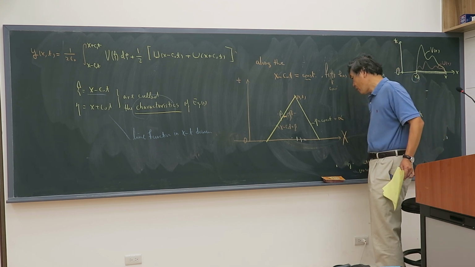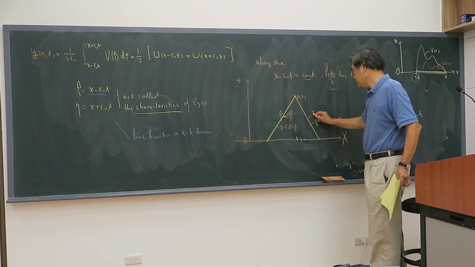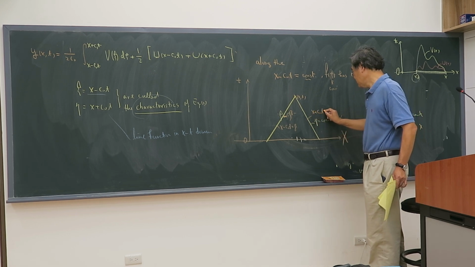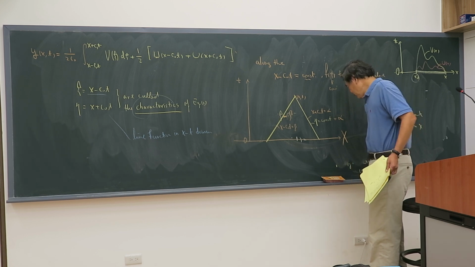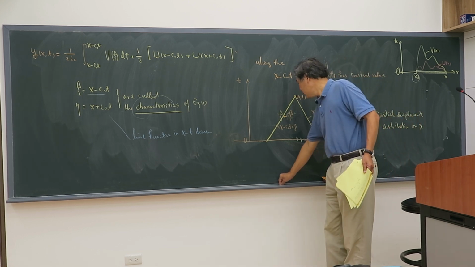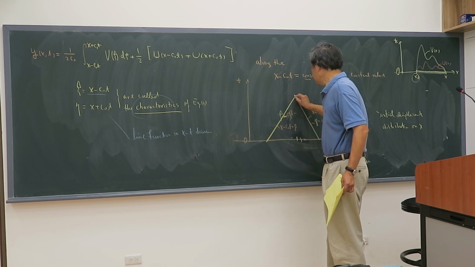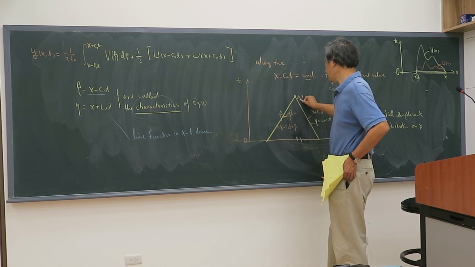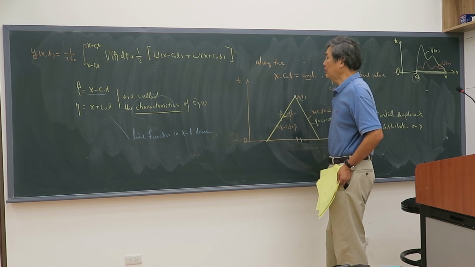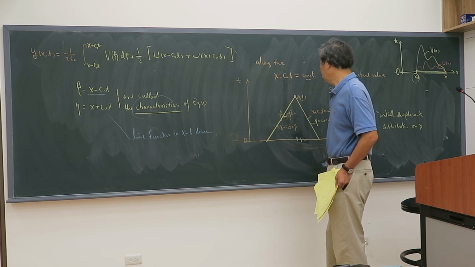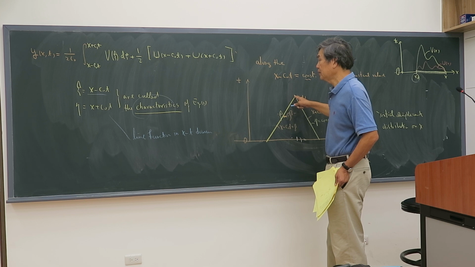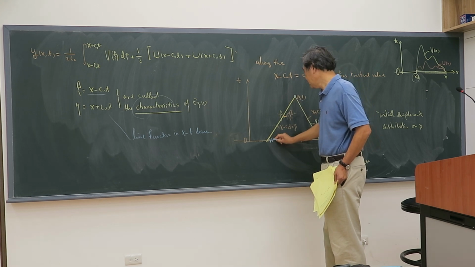So what I mean is this is x plus c0t equal to alpha. Right, this line. So that means the solution of this value, at this time moment, will use the initial value at this range.